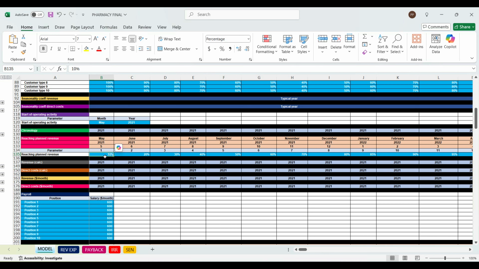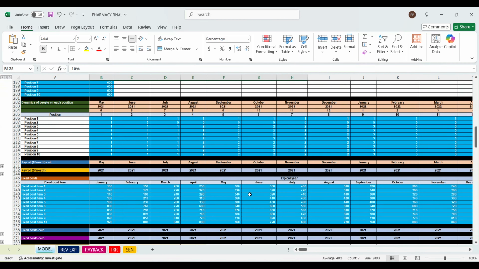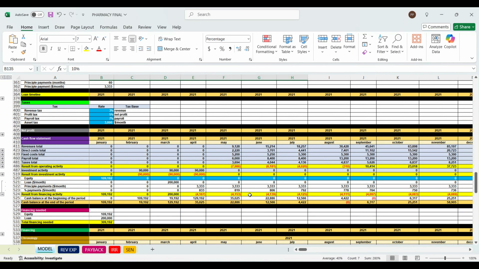You must understand that you won't be able to get 100% of revenues right from the first month of operating activity. You will be gaining these target revenues month by month, step by step. And these percentages will create the operating losses.